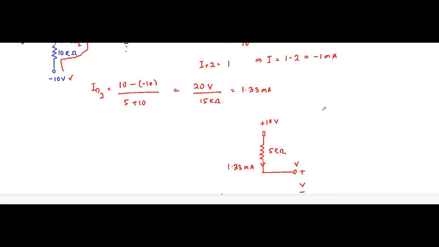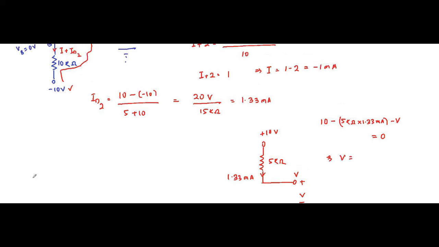Here if we apply KVL, it will be 10 minus 5 kilo ohm into 1.33 milliampere minus V is equal to 0. That implies V is equal to 10 minus 5 kilo ohm into 1.33 milliampere, which is equal to 3.33 volt.